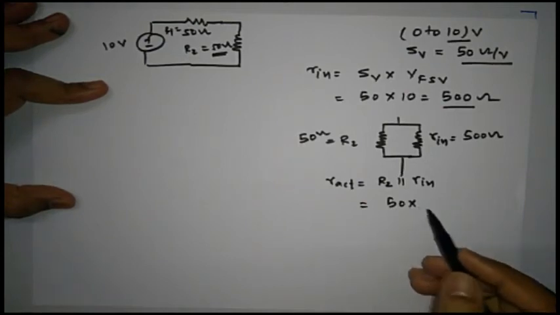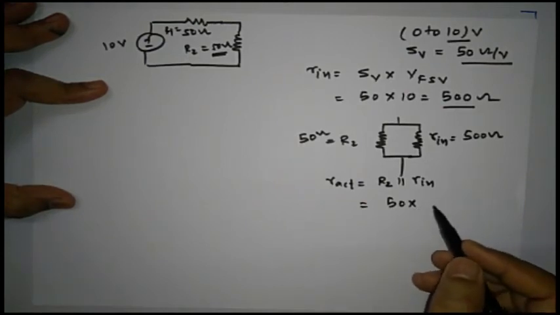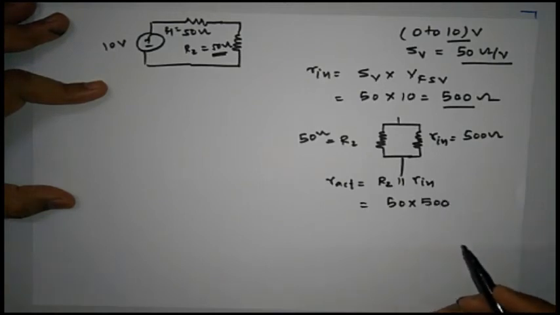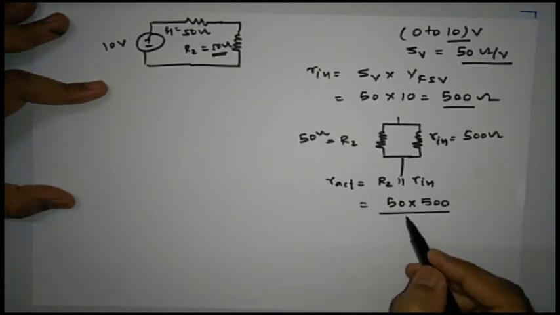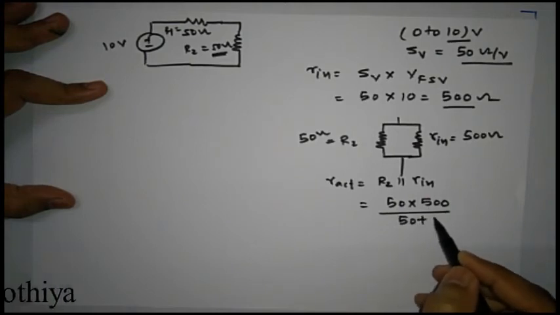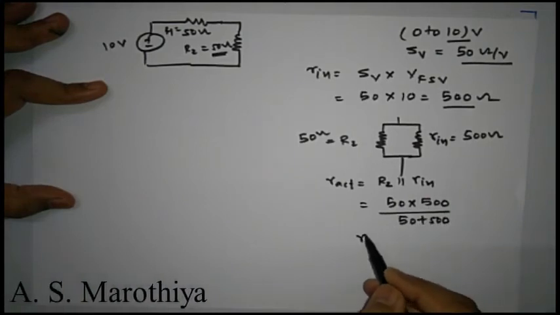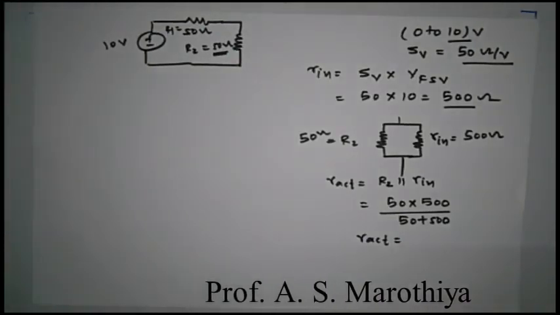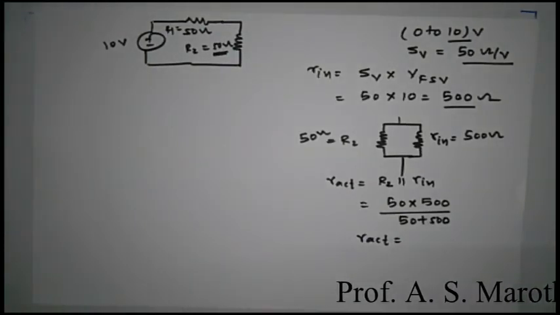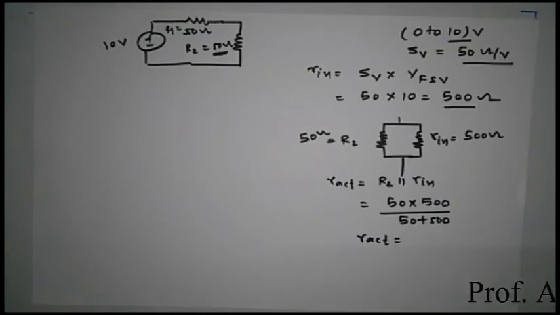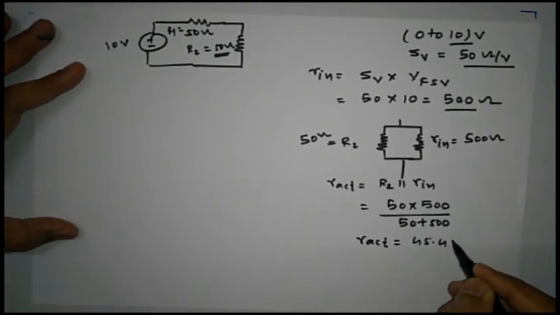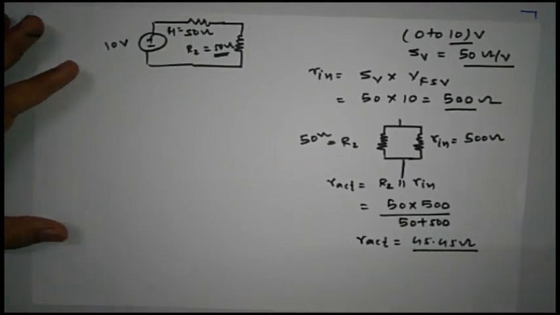So R2 is 50, in parallel with R in, which is 500. Directly we can apply the mathematical formula, product by sum. If you calculate the value, it is found to be around 45.45 ohm.